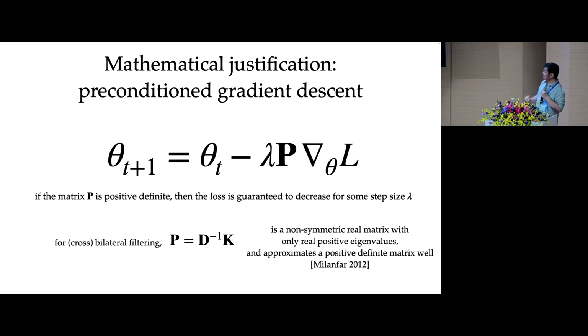People have looked into this P matrix before. It is a non-symmetric real matrix with only real positive eigenvalues. Hopefully that gives you some sense that it approximates a positive definite matrix very well. If you're interested, you can go into Peyman Milanfar's paper in 2012, where they argue about this in more detail. When I found out about this, I was extremely excited, but my students said it's a detail, not important. So I don't know how you feel.